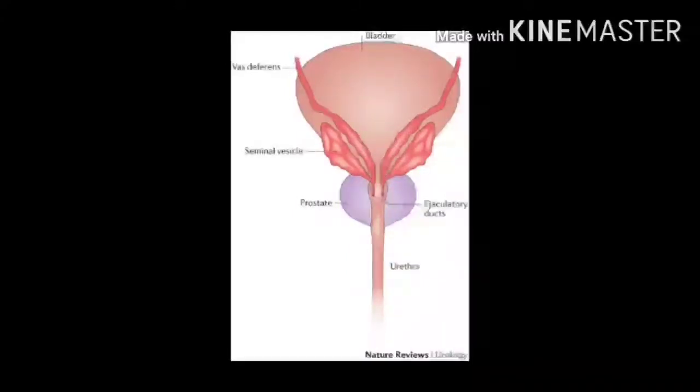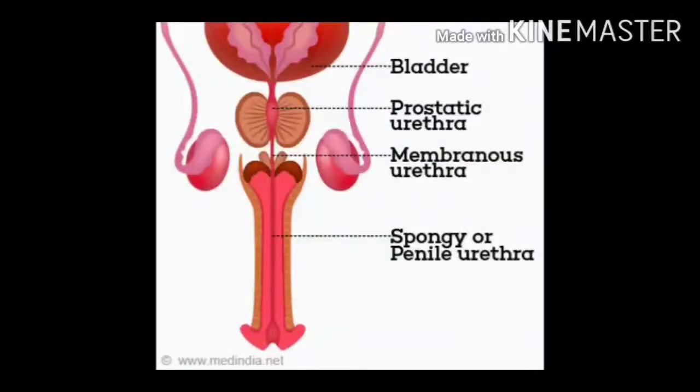But in females, the urethra is smaller as compared to the male's body. In this, all the accessory ducts except the urethra are present in pairs.